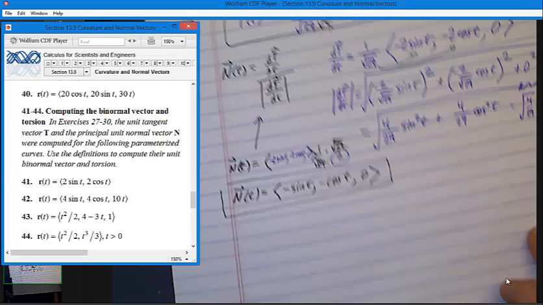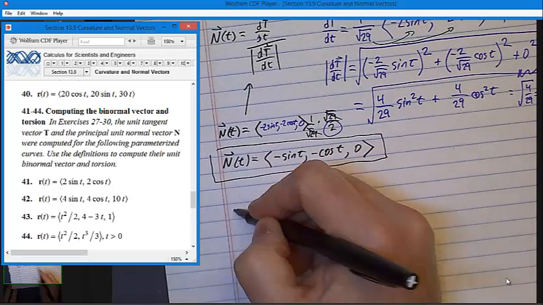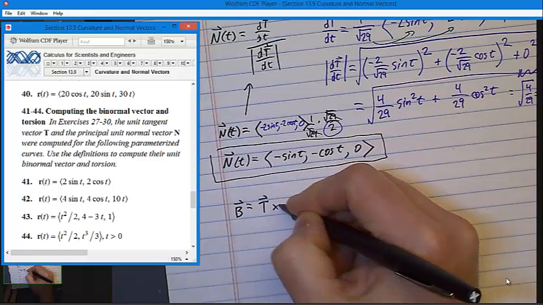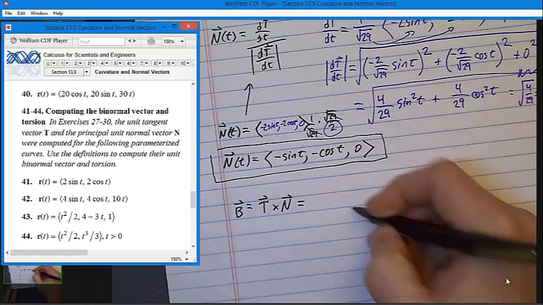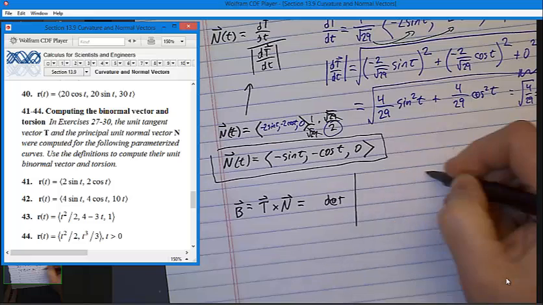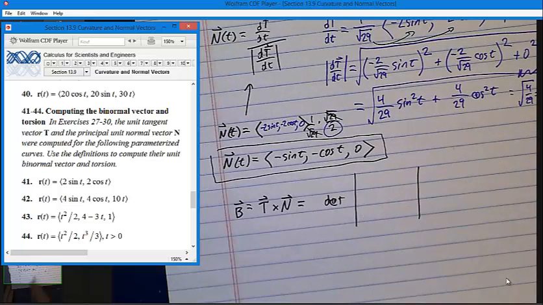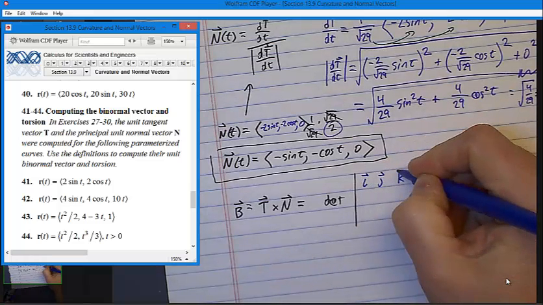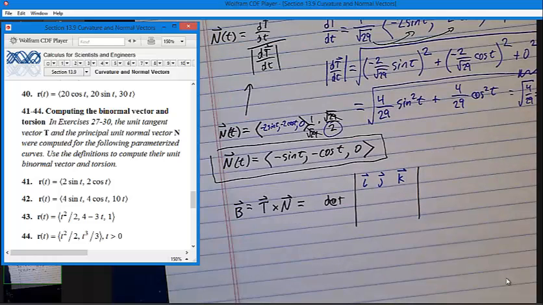So back to our program. Here we go. B equals t cross n. And so the way I'm going to do that is take the determinant of the matrix. I'm going to fill in i, j, and k, those are my principal unit vectors. And then in the slots here, I'll put those coordinates that we already found.